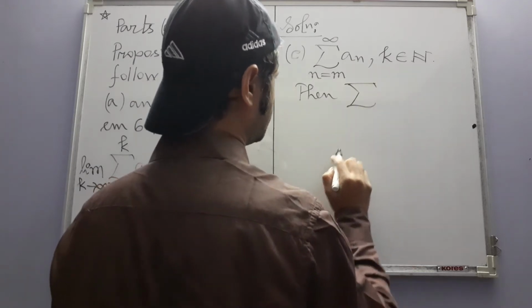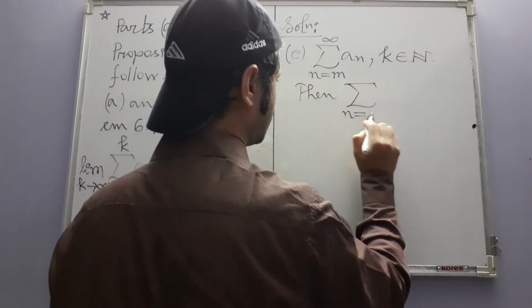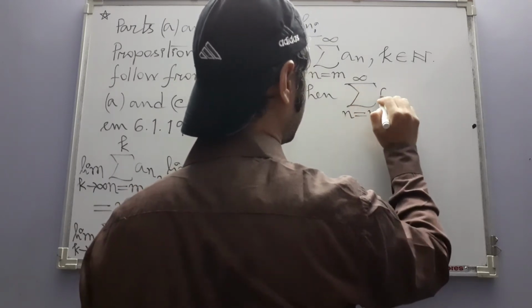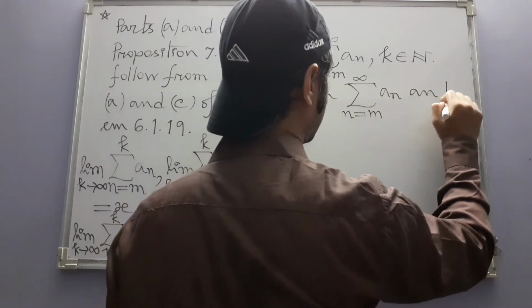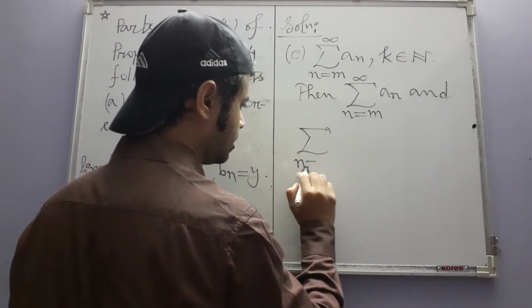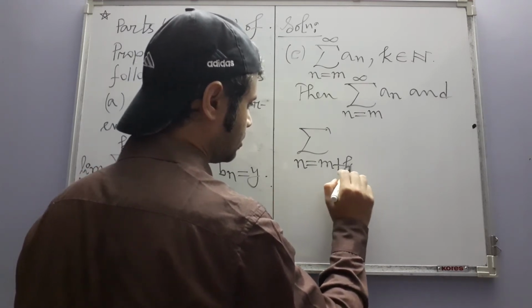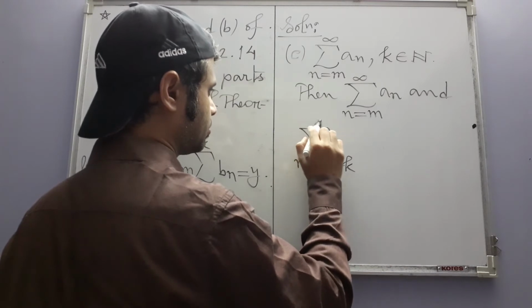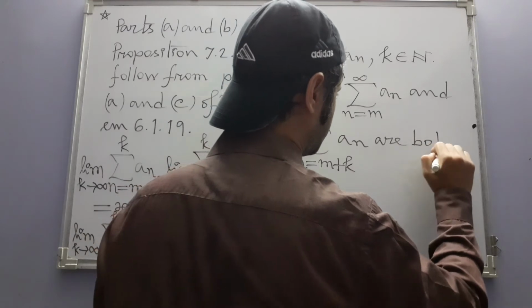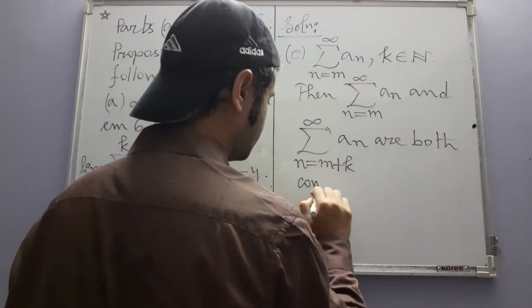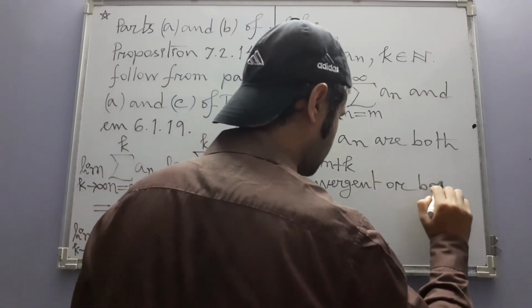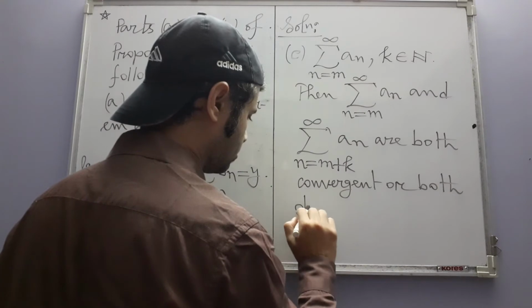these two series, one of them is of course the original one, and there is another one where the index starts from m plus k, are either both convergent or both divergent.